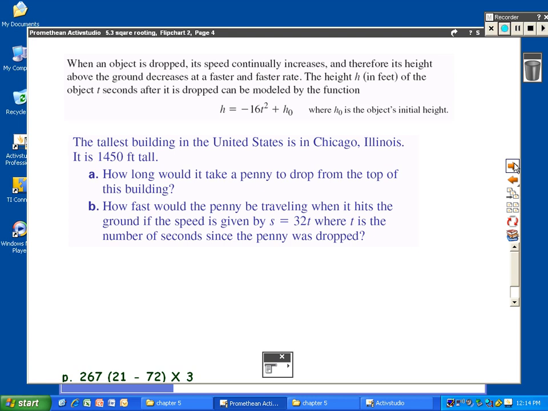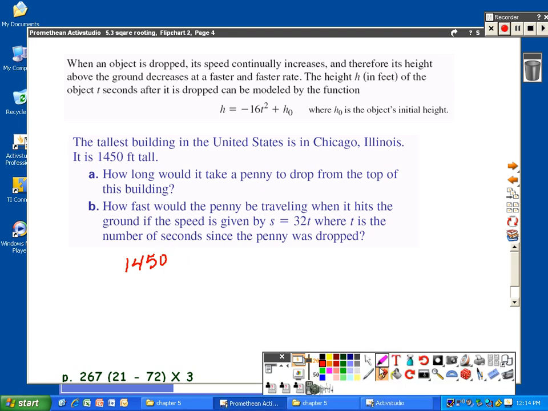Well, my initial height is 1450 because I'm on the top of the building dropping. So I have h equals negative 16t squared plus 1450.